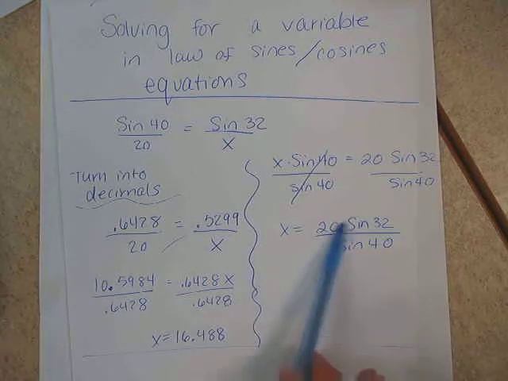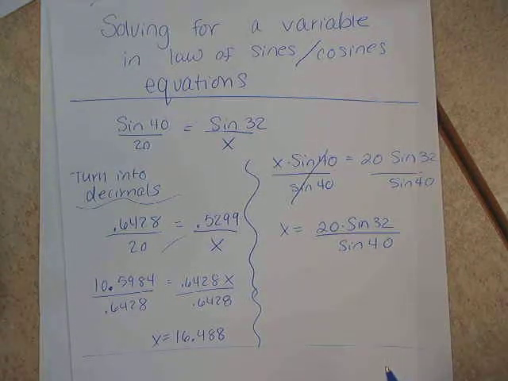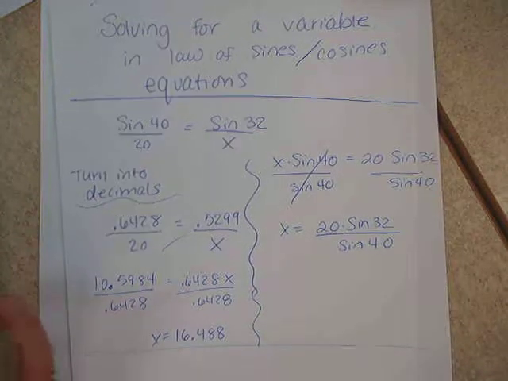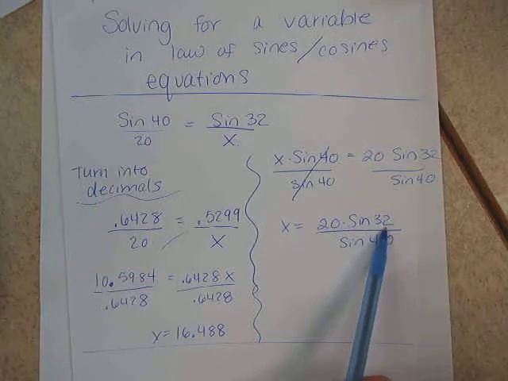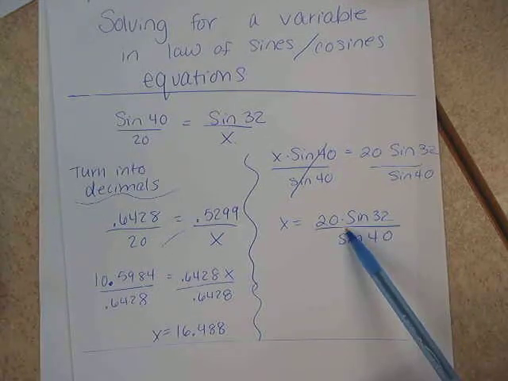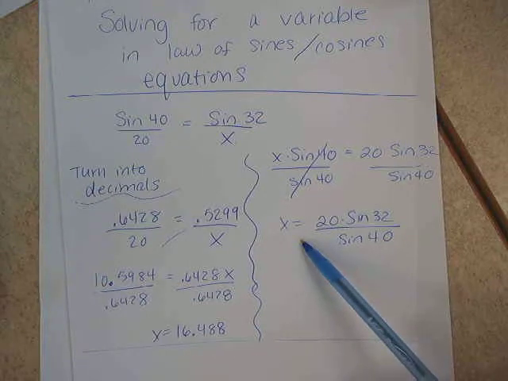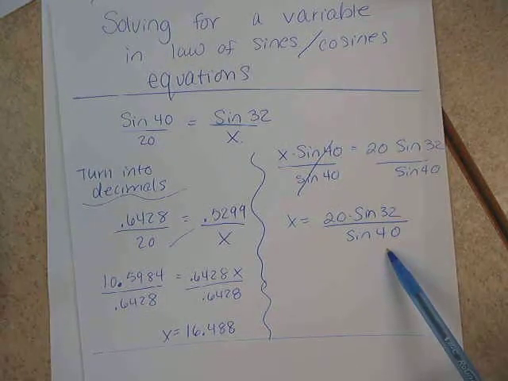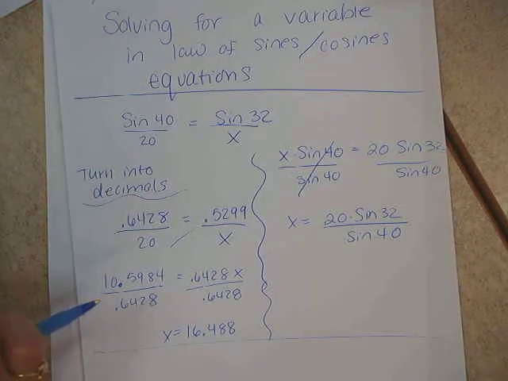If you have a calculator that will allow you to put in a string of things, because there's no addition or subtraction in here, it would evaluate it correctly for you to do 20 sine of 32 divided by sine of 40. Otherwise, with the classroom calculators, you would do 32, take the sine, multiply by 20, probably need to write that decimal down, and then get a decimal for the sine of 40, and then do the division.